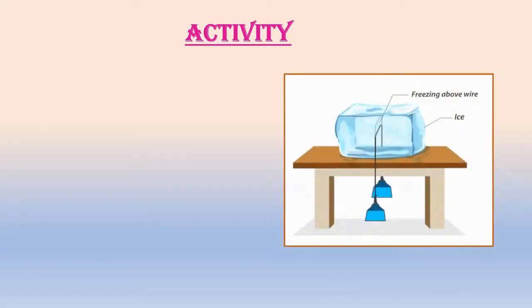Now let us understand an activity. In the picture we can see an ice slab placed on a table, and there is a wire above the ice slab, and the two ends of the wire are connected with weights.